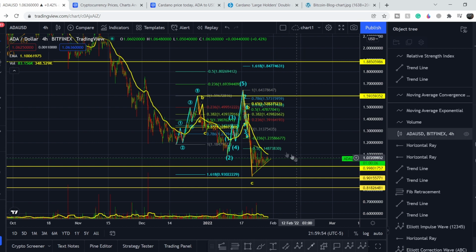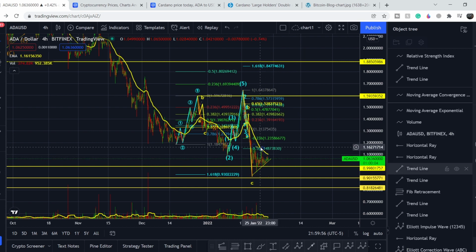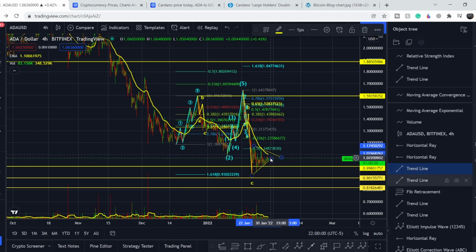And that's why, in my opinion, if we break this formation to the upside, if I make this line a little bit longer, we still have this triangle. And if we break it to the upside, it will be more bullish overall. And definitely, the higher the volume of the breakout, the more confirmation of the potential trend we will have. So I think from the technical standpoint, that's it for now.